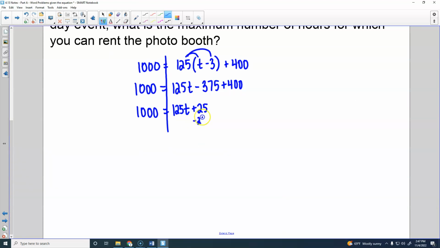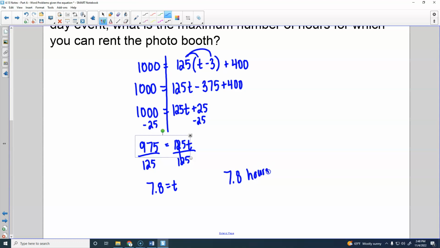And so if I subtract 25, I will get 975 equals 125 T, and then divide by 125. Somebody tell me what you get when you do 975 divided by 125. 7.8. So 7.8 hours.